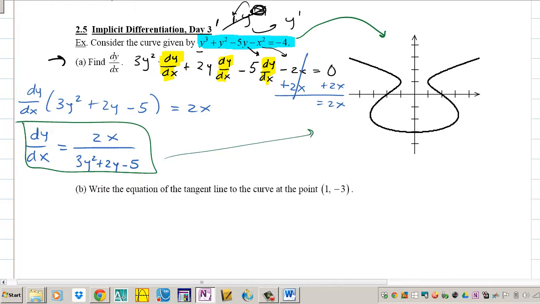Write the equation of the line tangent to the curve at the point (1, -3). Why don't we go ahead and look at the graph? Since we have a picture aid, why not? Here is 1, here's negative 3, so (1, -3) is here.